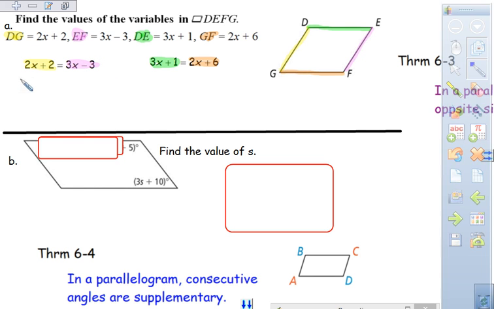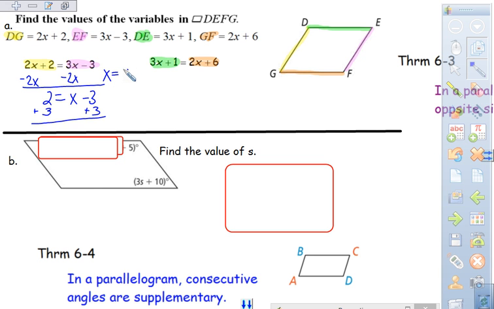Get our letters together. And then get our numbers together. So we get x is equal to 5.